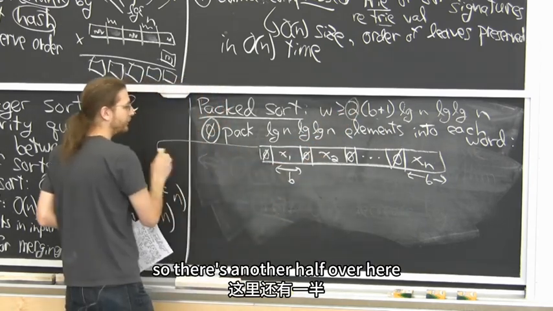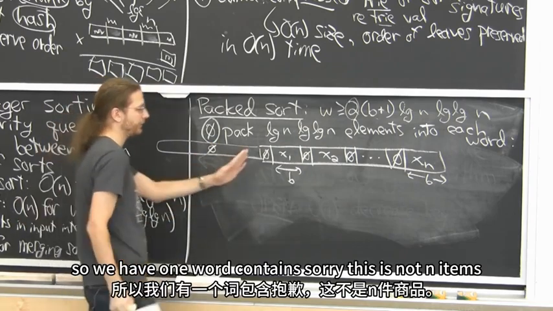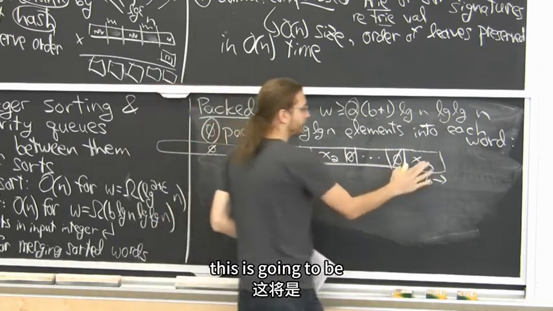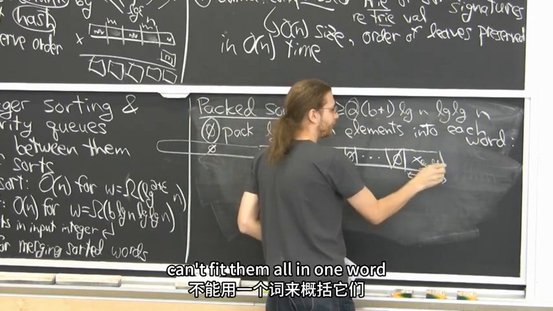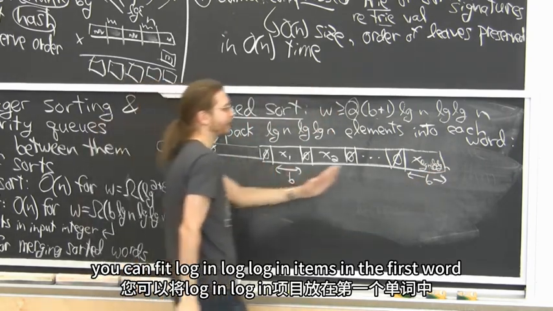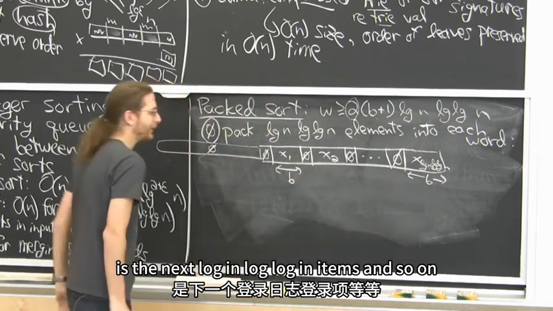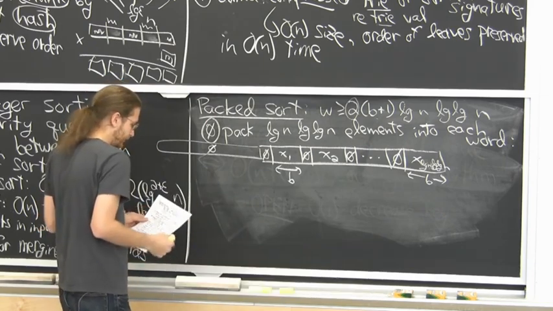So there's another half over here, which is going to be all 0 for now. So one word contains, or sorry, this is not n items, this is going to be log n log log n. Can't fit them all in one word. That would make life really easy. But you can fit log n items in the first word, then the next word is the next log n items, and so on. Okay, linear time to do that.